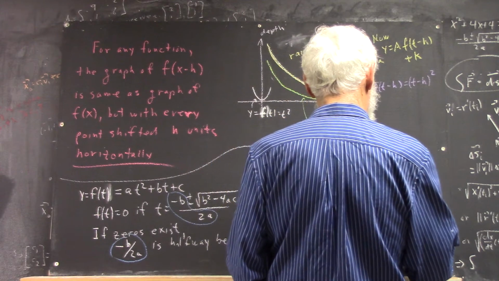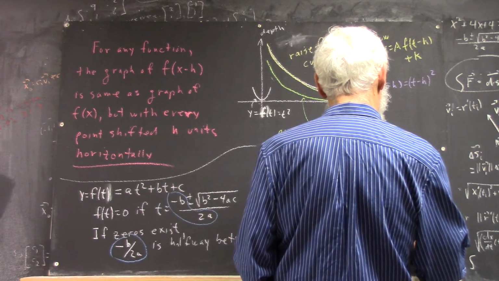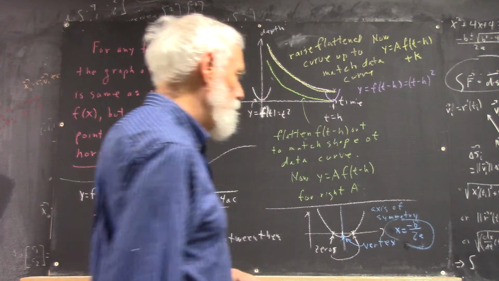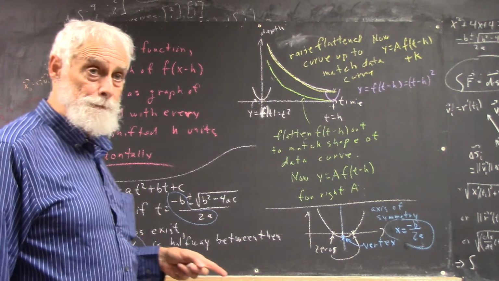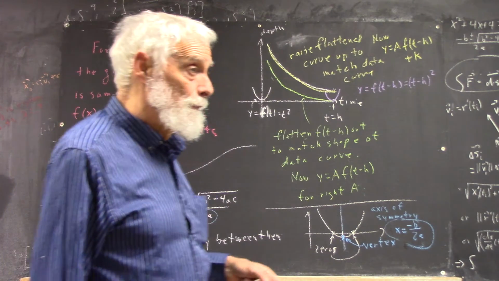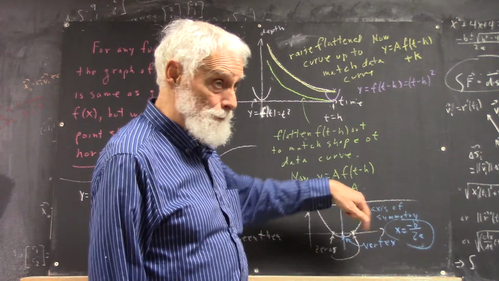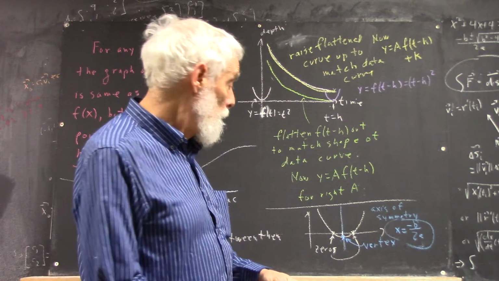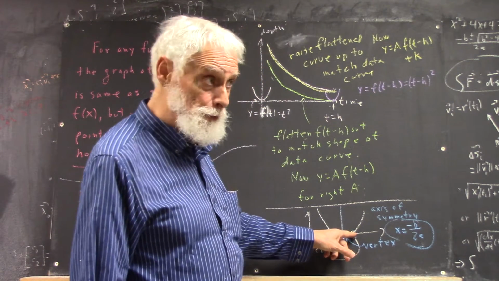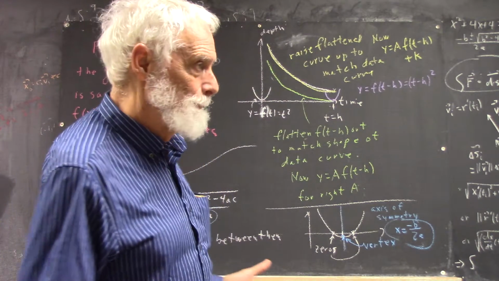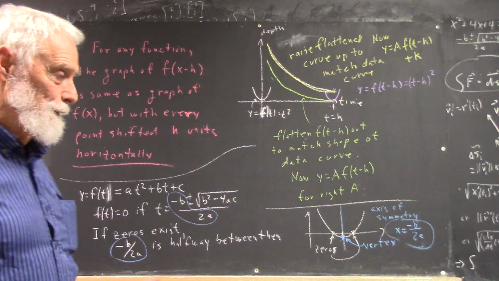The axis of symmetry is where x equals negative b over 2a. It's equidistant from the two zeros. It's the perpendicular bisector of the line that connects the two zeros. But nobody learns much geometry, so you might not understand that statement, okay?